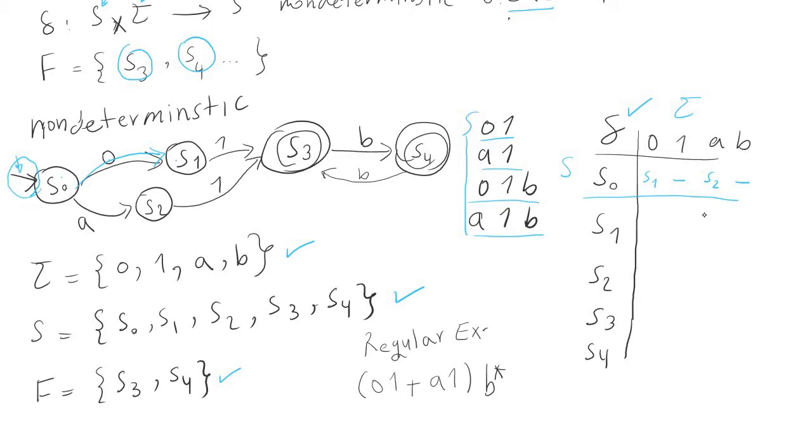So when we are in state 1, with 0 we don't know, with 1 we go to state 3, with A we don't know, with B we don't know. State 2 is the same as state 1.